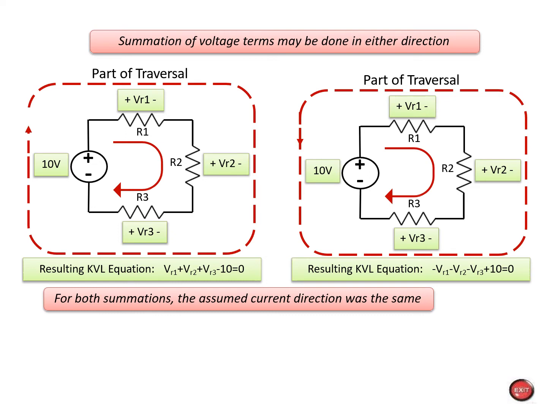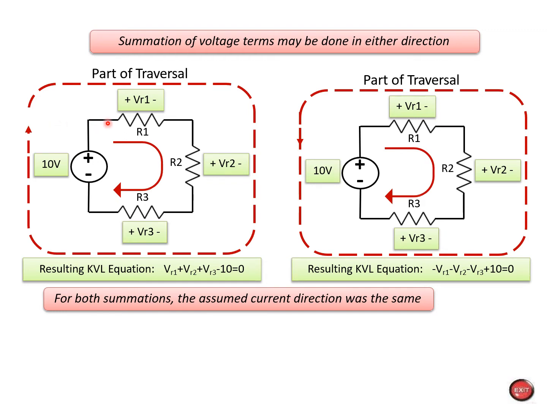This can be done in any direction. Now let's see the first one. Here in this loop, the direction of current is from the positive terminal to the negative terminal. Imagine that you are also moving in the same direction. Since both the directions are the same, the potential at each point takes the positive sign convention.